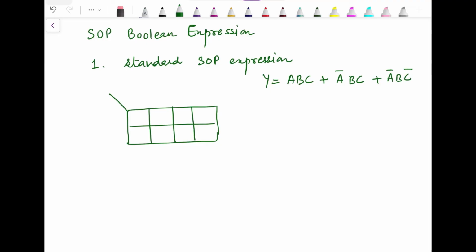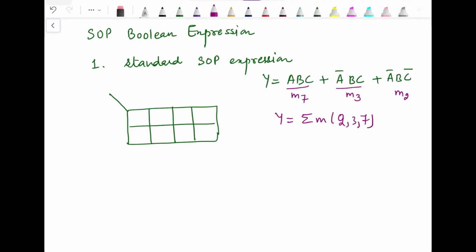Now this is already given in standard form. This one is 111, minterm 7. This one is 011, minterm 3. This is 010, minterm 2. So they are already given, so we can write the expression. It's a sum of minterms 2, 3 and 7.